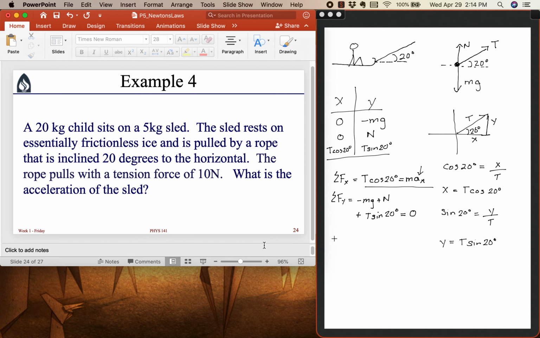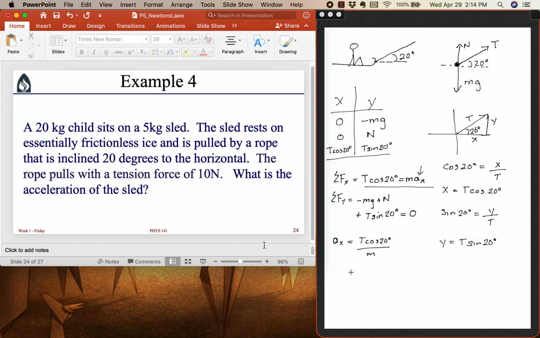So if I rewrite this, the acceleration of the sled in the x direction is going to be equal to T times the cosine of 20 degrees divided by the mass of the child plus sled combination.